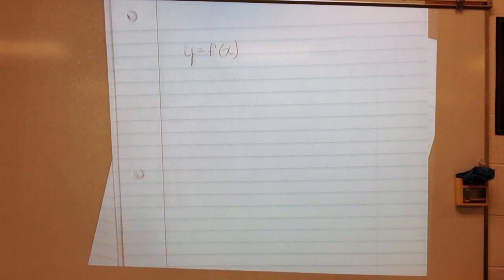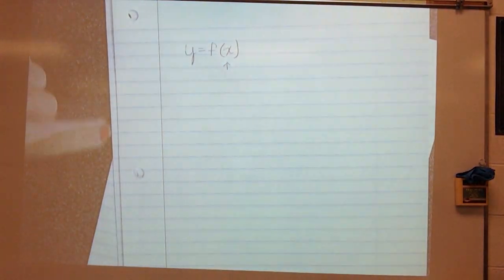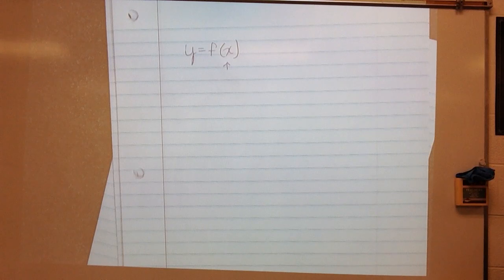In this case, this is our independent variable. In other words, it does not depend on anything. And then y would be our dependent variable, so y would depend on whatever x is. A function can also be viewed as mapping of the elements of the domain onto the elements of the range.